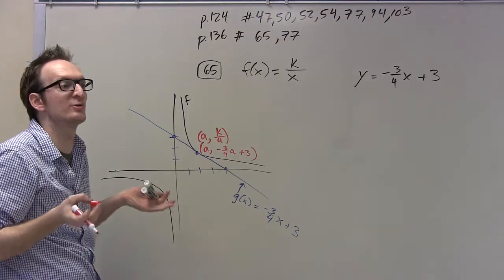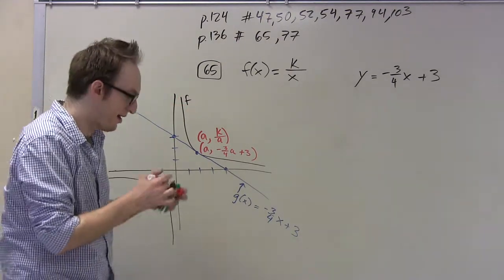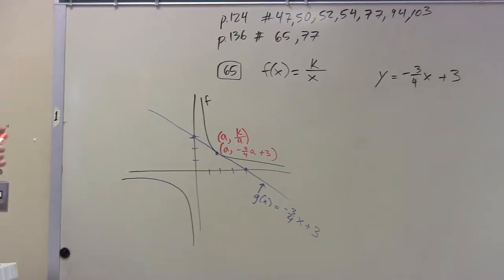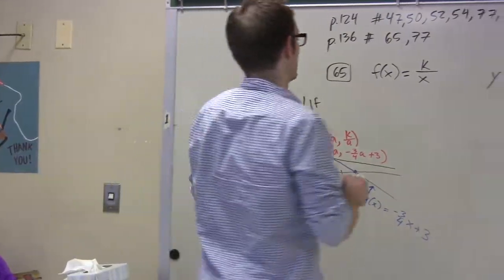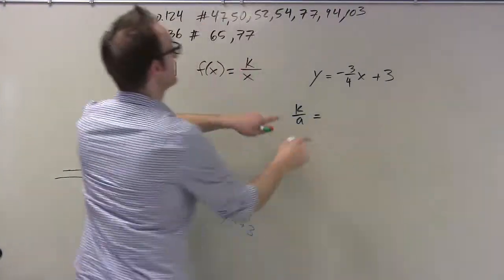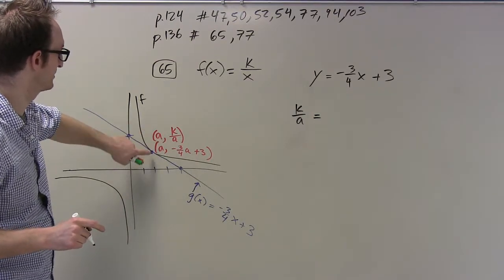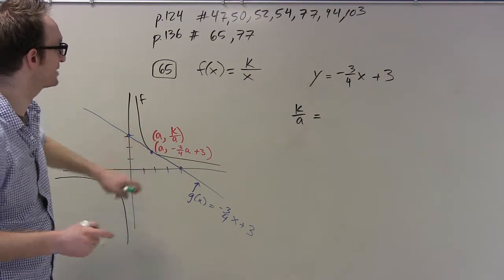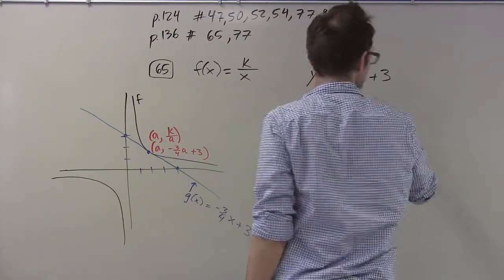Because the line goes through that point, so that point must be on the line. Alright, so that gives me one of my two equations relating k and A, right? The first thing I know is that k over A, the y value of the tangent point on the function, has to equal the y value on the line.